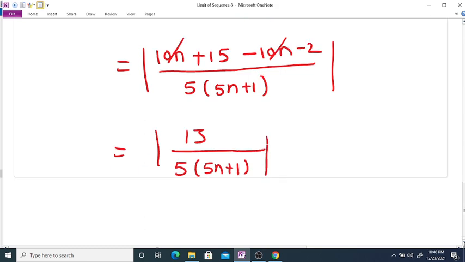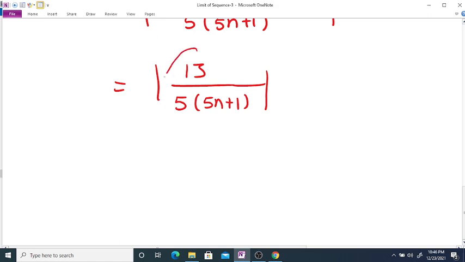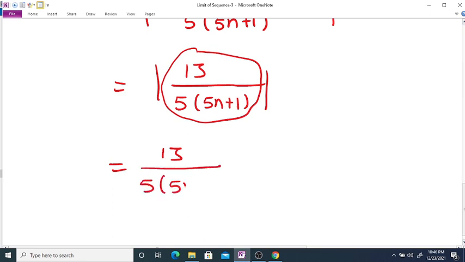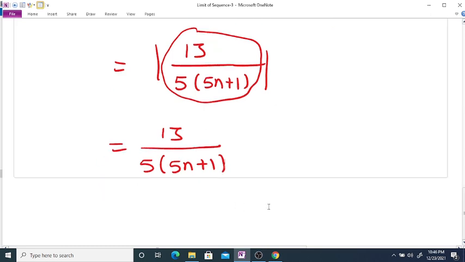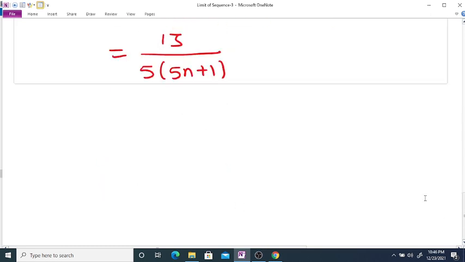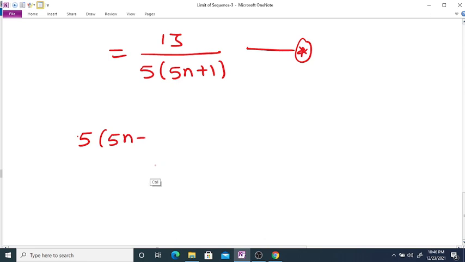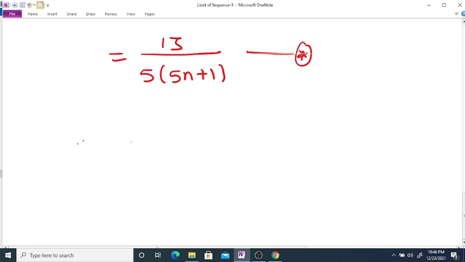Now since it is a positive number, we can remove this mod, and the value of the mod will be 13 divided by 5 into (5n + 1). Call this equation star. Now we know that 5n + 1 is greater than 5n.